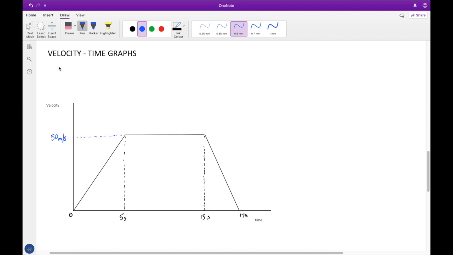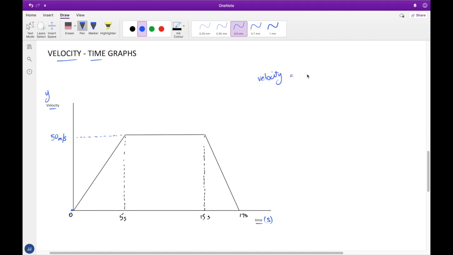Now, a velocity time graph is the same concept as a distance time graph. It's just that on the y-axis we now have velocity, and on the x-axis we still have time, in this case in seconds. A velocity time graph shows us velocity over time. Remember, what is velocity?